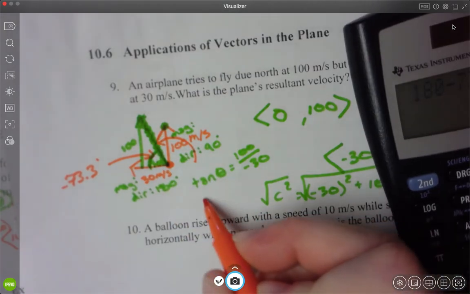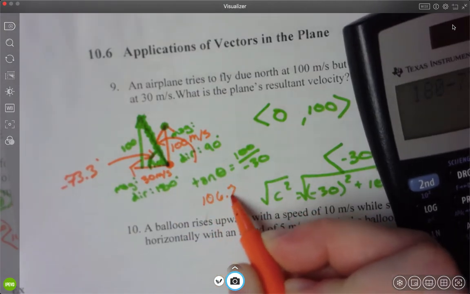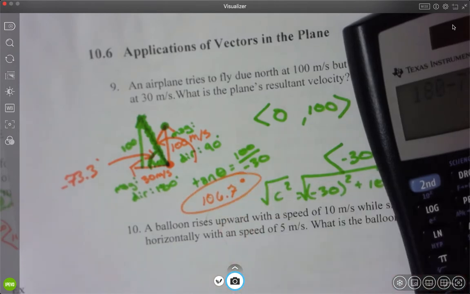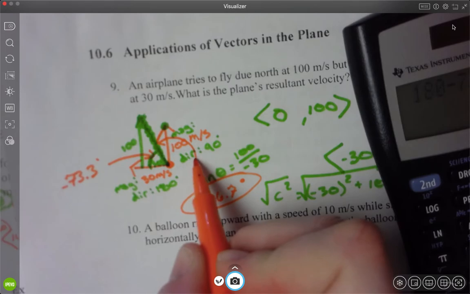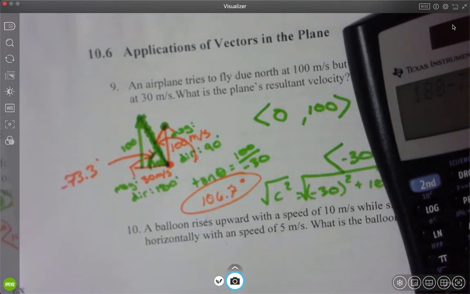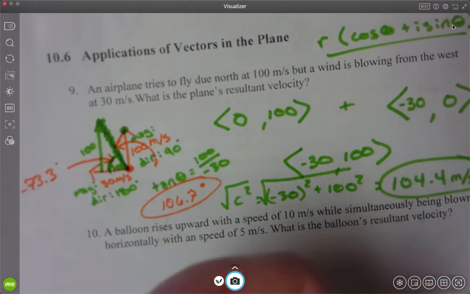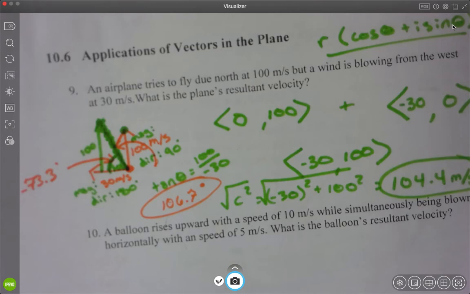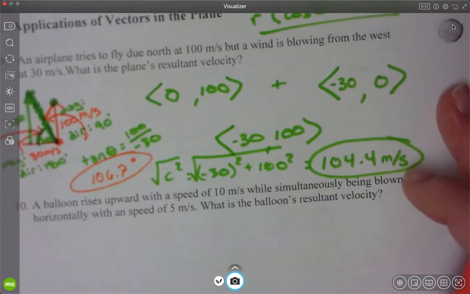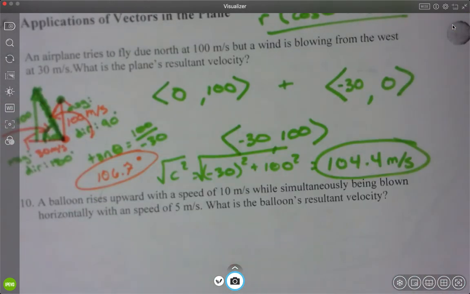So 106.7, we didn't need to find that, but that's just kind of good to know anyway. So 106.7 degrees in standard position from there all the way around. Otherwise my resultant velocity is going to be 104.4. That wind is basically pushing me in that direction, which is going to speed me up just a little bit. It's not a very strong wind, but there we go.